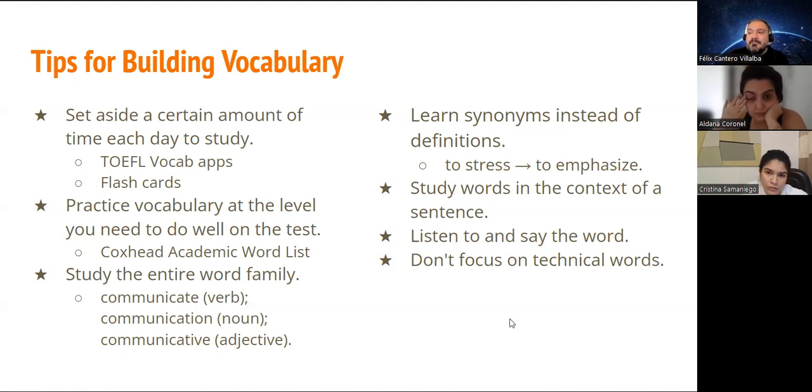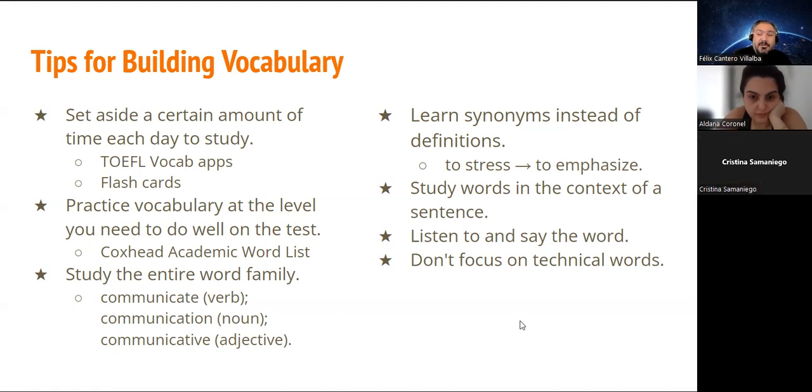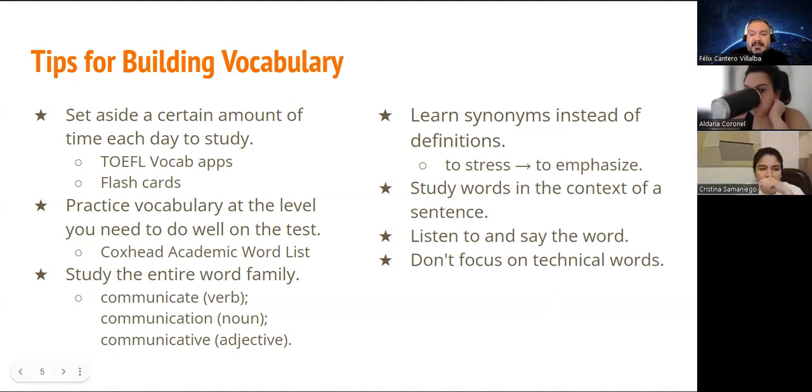Or, I don't know, a particular legal term that appears on a text, your chances of getting legal content again in the actual exam are low. So you focus more on words that are on the list and that you should have known more than anything else. Very good. So these are the tips for building vocabulary.